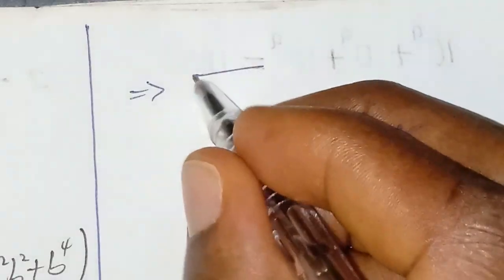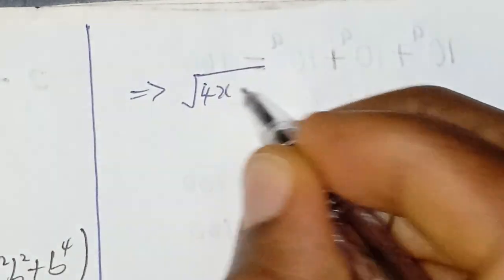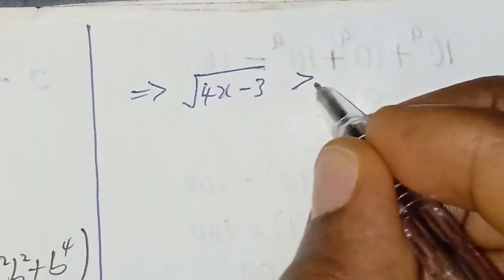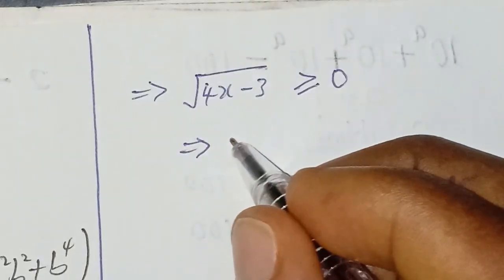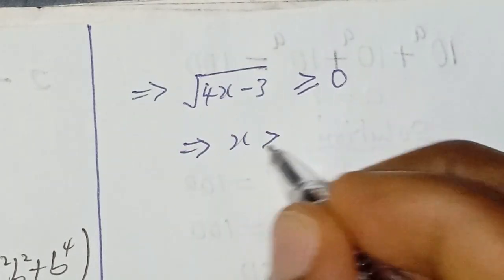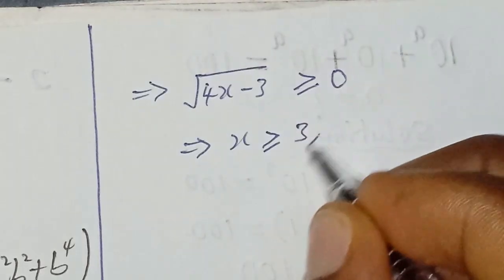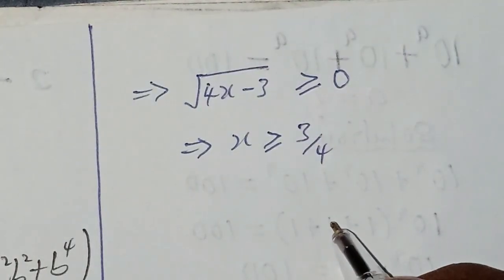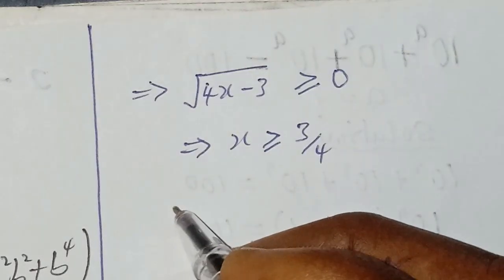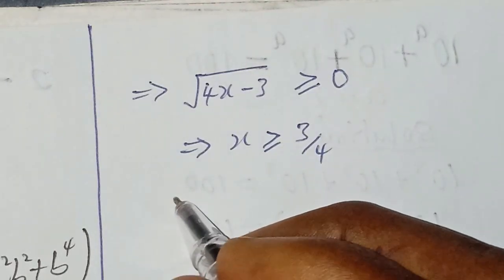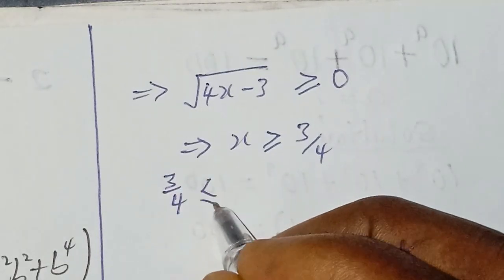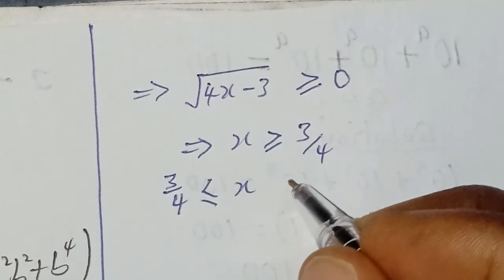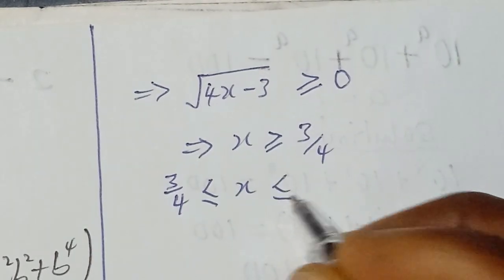This also implies that our expression in the radical, square root of 4x minus 3, should be greater or equal to 0, such that x will be greater or equal to 3 over 4, whereby the domain of x will lie between 3 over 4 less or equal to x less or equal to 9.